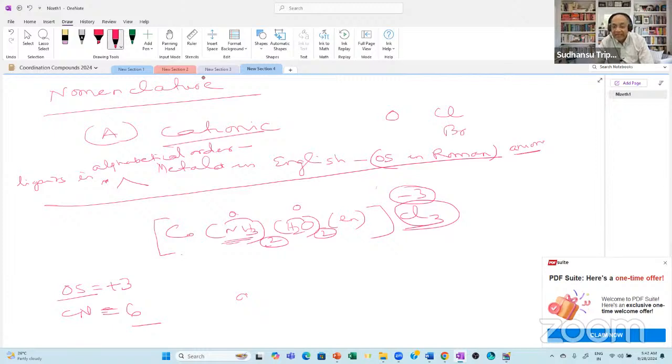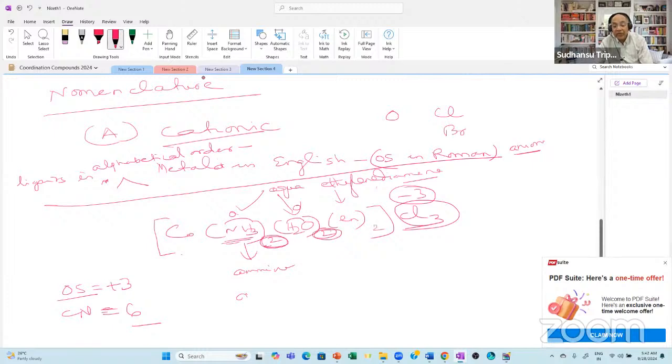First, arrange these. Aqua. This is ammine, double M, ammine. This is aqua. This is ethylene diamine. No gap. This is single M. And this is di.